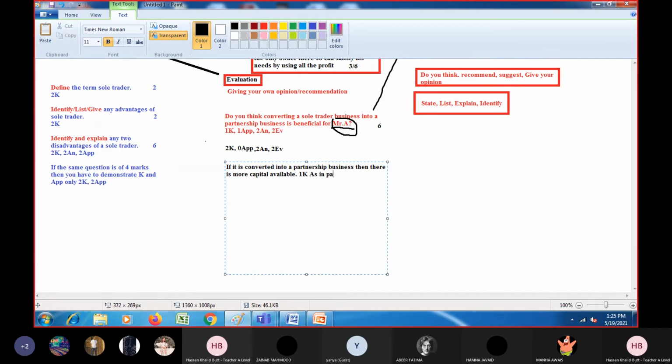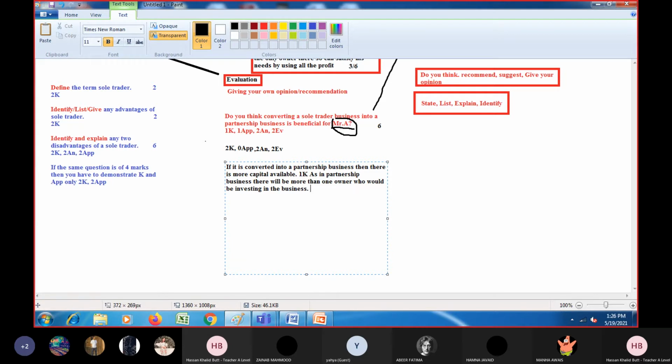As in partnership business, there will be more than one owner who would be investing in the business. Okay. Now I have actually given the reason why more capital will be there, because there will be more owners, right? But I can further extend that. If the space is there, you can extend it, right?